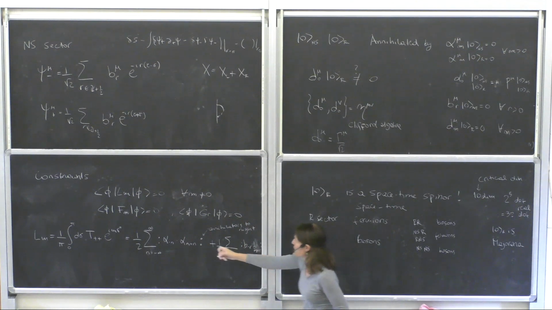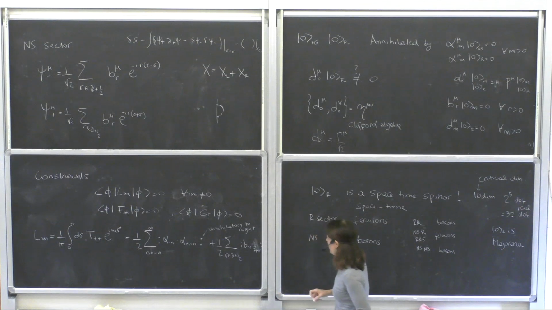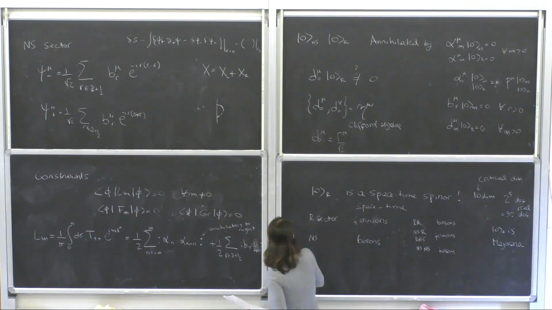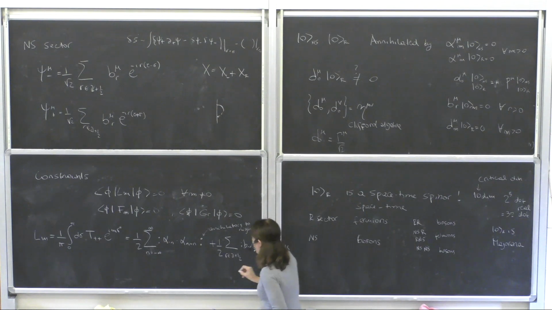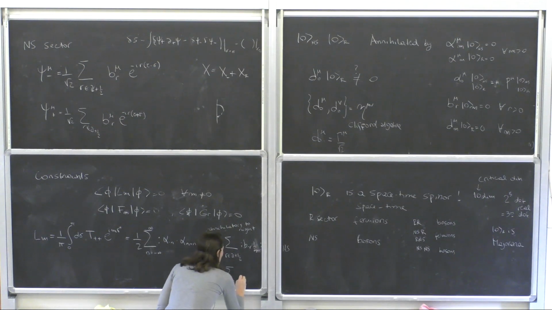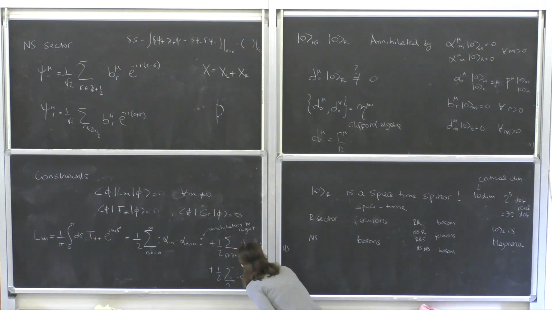And again, there's always a contraction of mu and mu. So this is for the NS sector, and for the Ramond sector it is 1/2 of the sum over n of the b minus n, b m plus n, normal ordered.